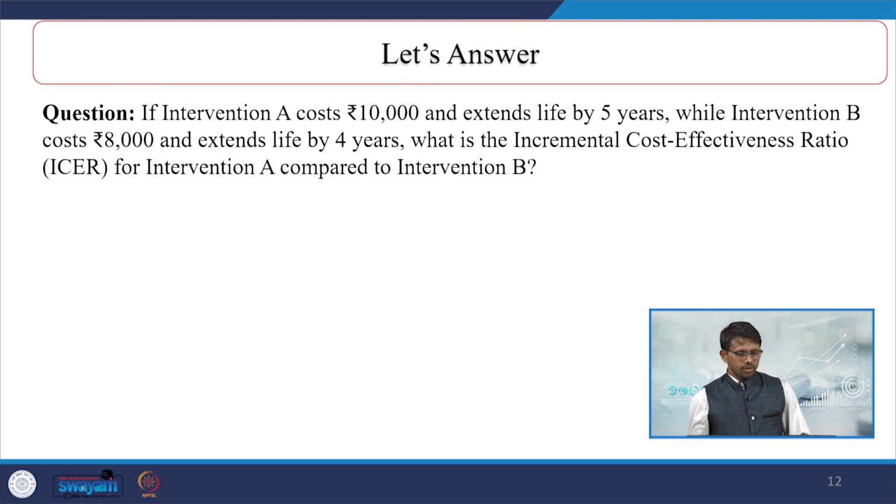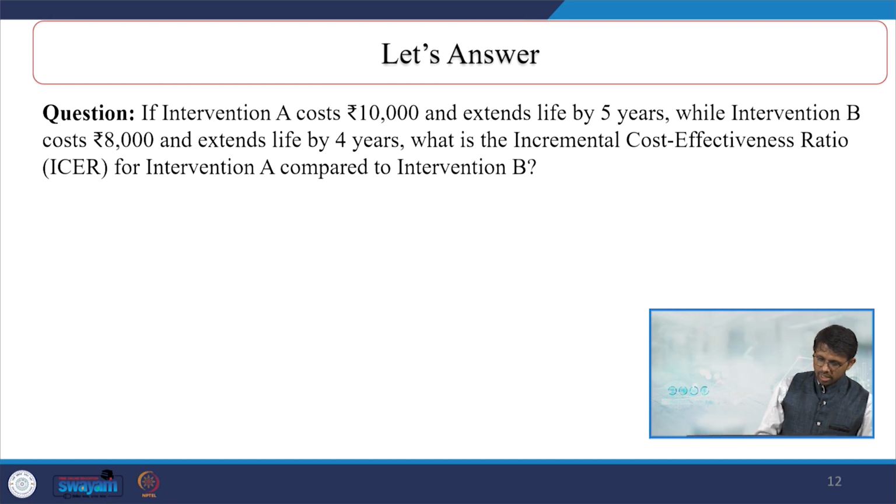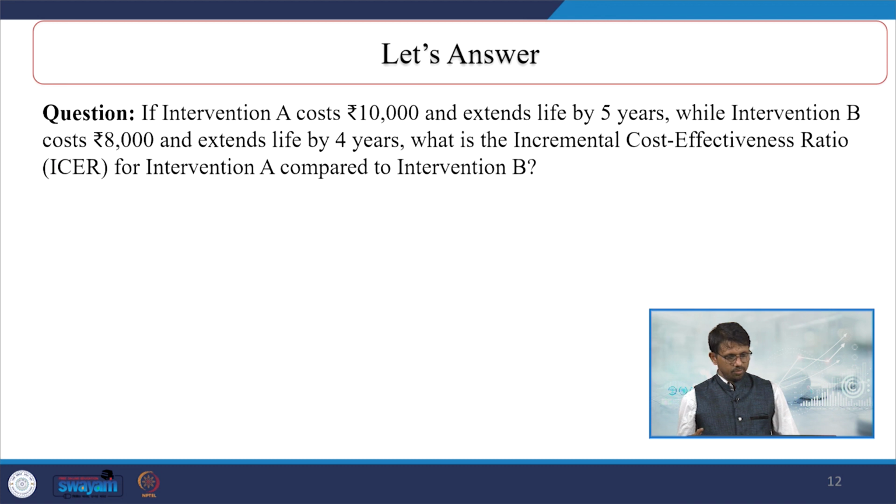Okay, so now let's answer this example as well.